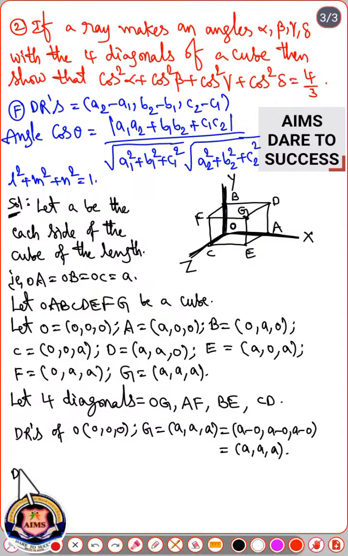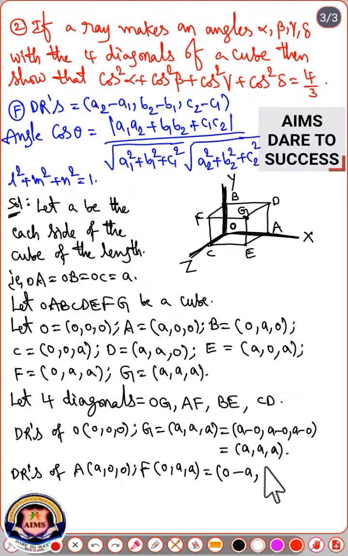After that we continue with the direction ratio of AF, A and F. First the A value, that is a, 0, 0, and the F value 0, a, a. So the direction ratios are a2 minus a1, b2 minus b1, c2 minus c1, that is 0 minus a, comma a minus 0, comma a minus 0.